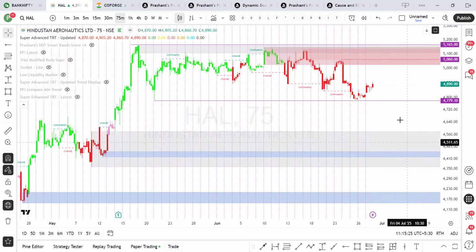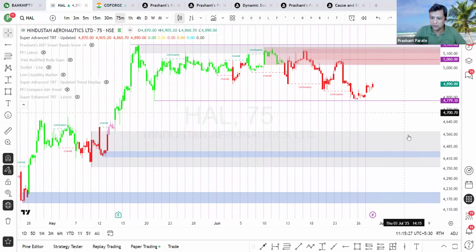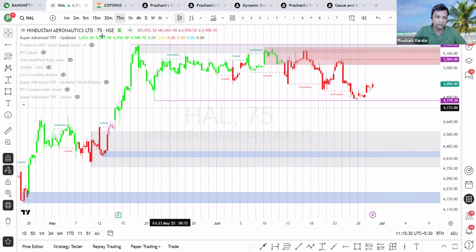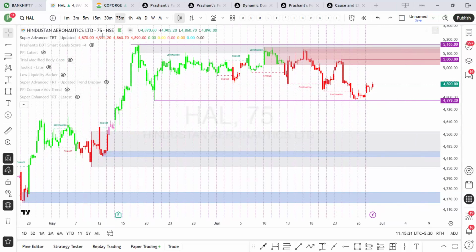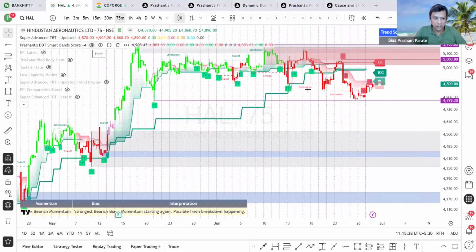Yes. The first target will be 4780 and the next target will be this 4580. If it comes strongly while coming to 4780, then we can hold on. Momentum is also bearish, and the DDT smart band is also showing that price is below this, and red has started appearing.